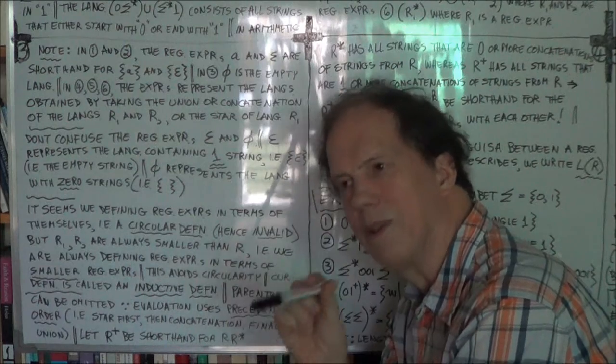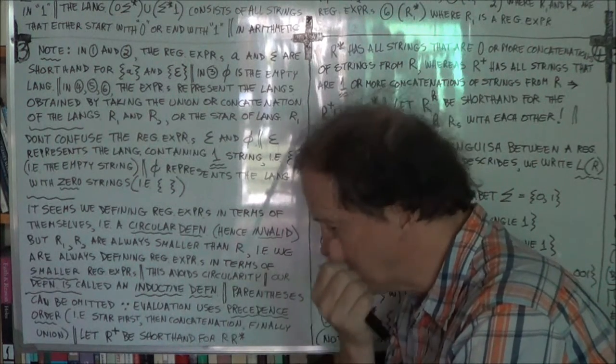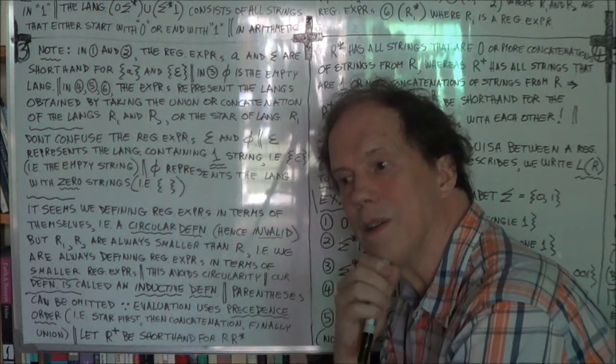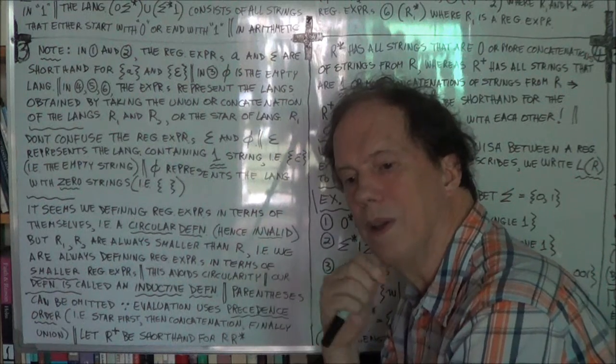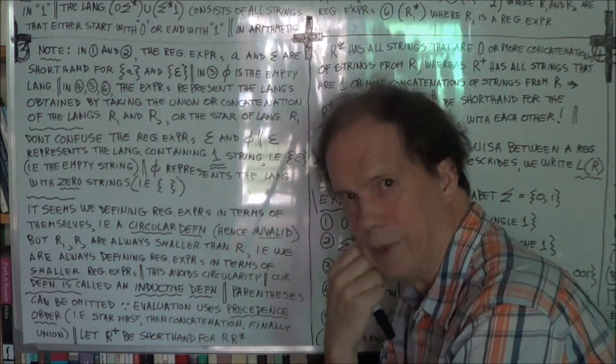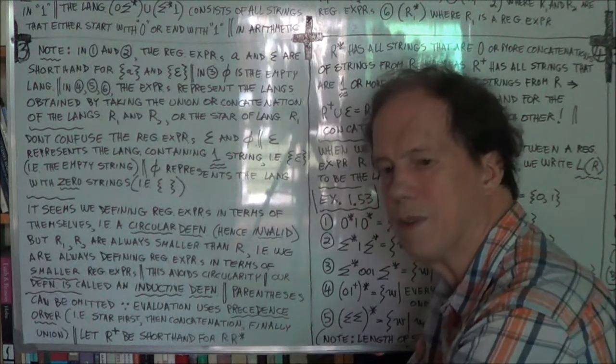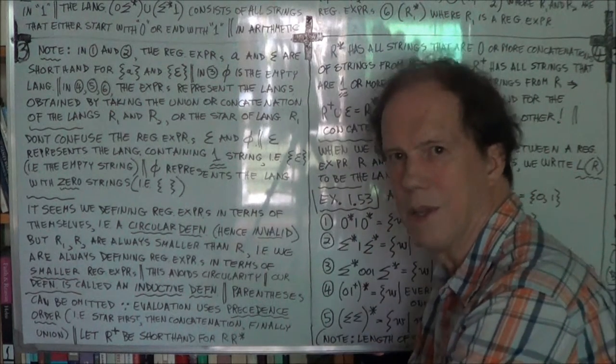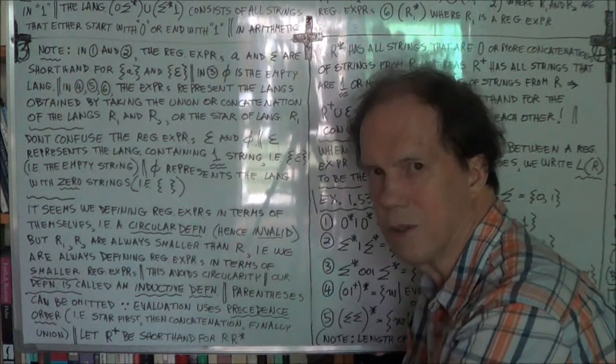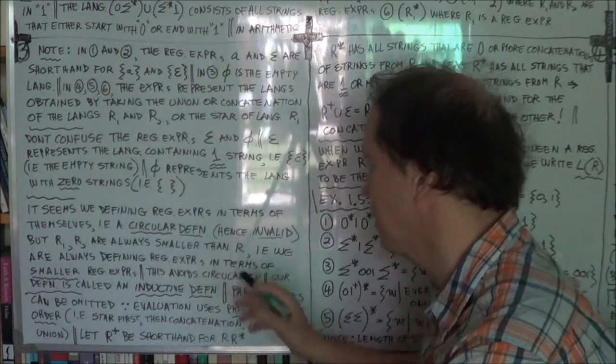At the lowest level, we're defining a regular expression in terms of a set of a single symbol from an alphabet. So it's not circular, right? It's in terms of something else, and we know already what that something else is from prior knowledge. So it's not circular. So that's all it's saying.